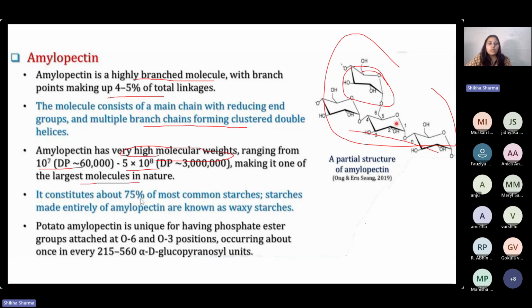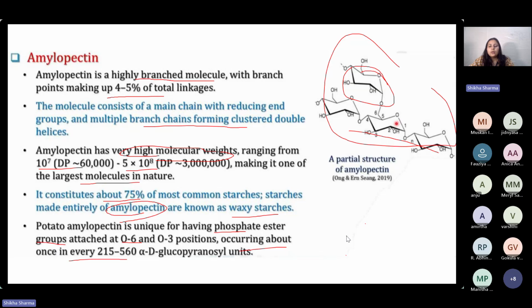It makes up around 75% of the most common starches. If the amylopectin amount is 100%, it will be waxy starch. Also, potato amylopectin is unique for having phosphate ester groups attached at O6 and O3 positions, occurring about once in every 215 to 560 alpha D glucopyranosyl units.